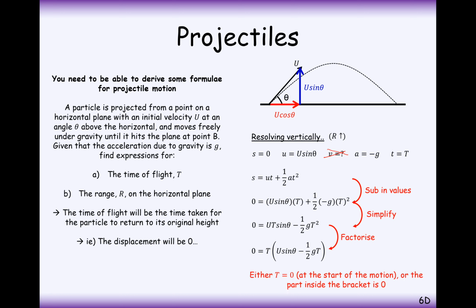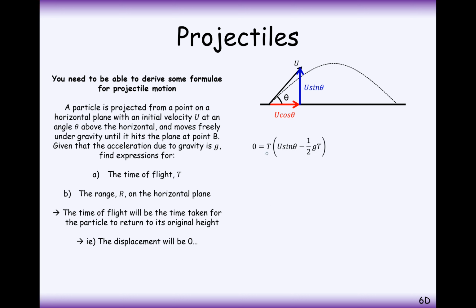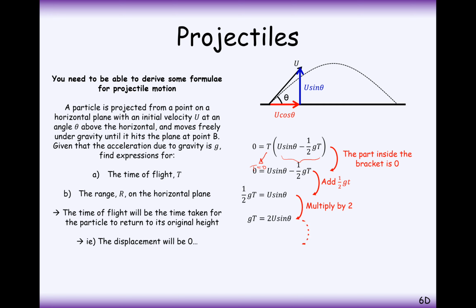So now effectively here what we've got is a component where either t is equal to 0, or the whole of this bracket will equal 0 instead. So therefore just rearranging this and then working out what t is, double both sides, divide by g, and we then get t equals 2u sine theta all over g.